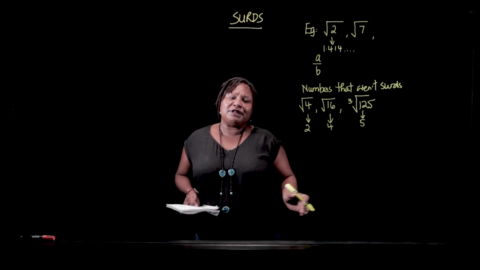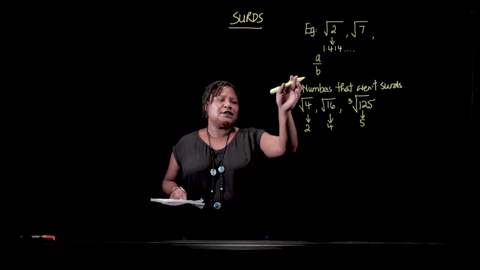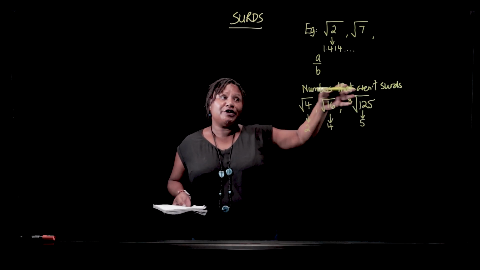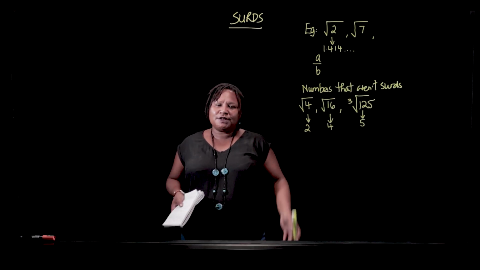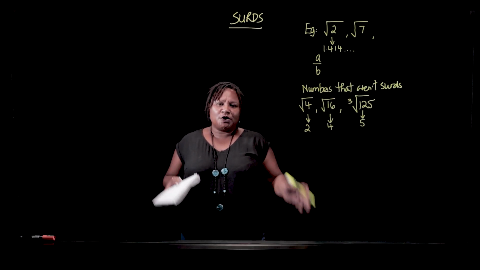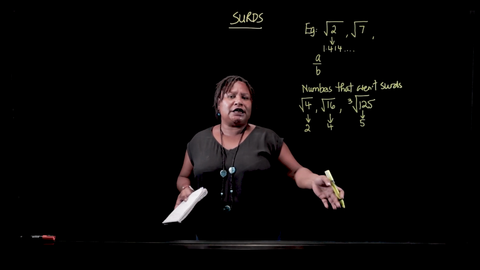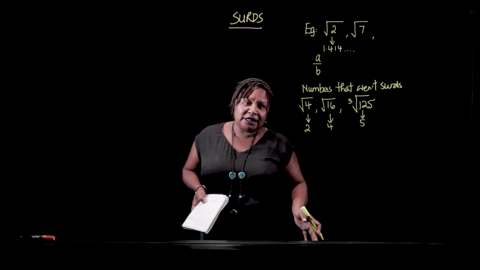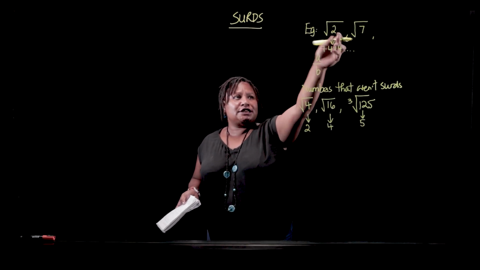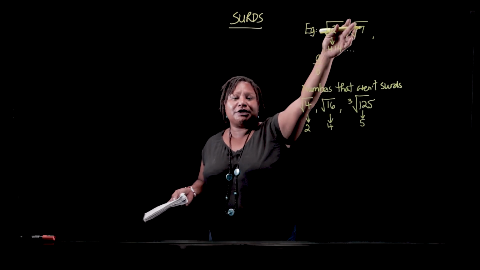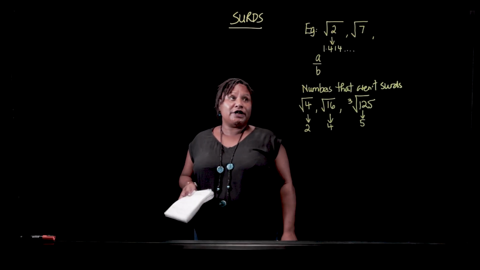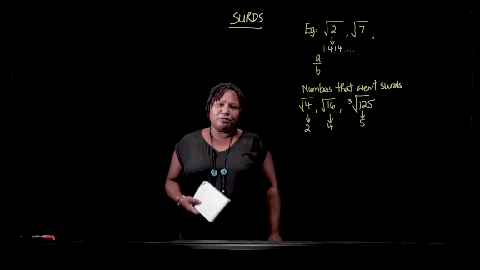Irrational numbers are numbers that do not terminate. That means there are so many decimal places, there are so many numbers after the decimal point. Okay, so they are non-terminating. So here you can tell the difference between a surd and numbers that are not surds. Surds are irrational numbers that are presented as radicals or in a root sign or symbol.